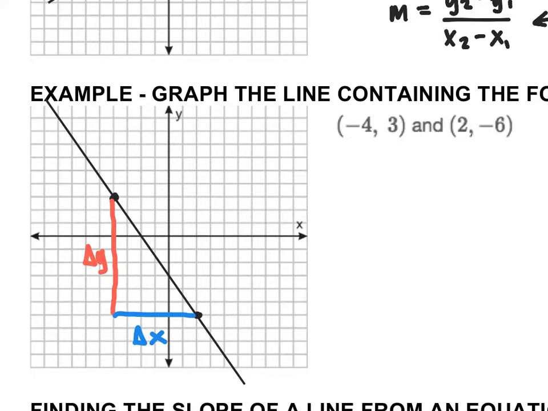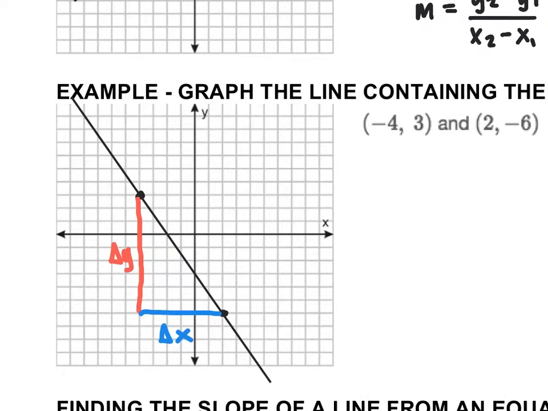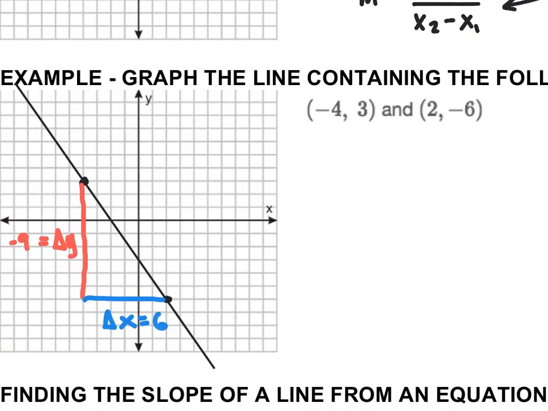Change in y is going to be equal to -9, actually, and we'll talk about why that's negative in a second. And then we're going to go this way, so 1, 2, 3, 4, 5, 6. Okay, so this is going to give me 6. So if I were to talk about my slope here, m would be equal to -9 divided by 6, which would end up giving me -3/2 after I simplify that.